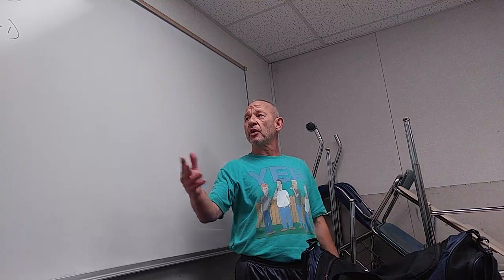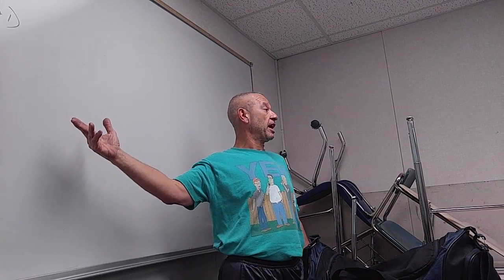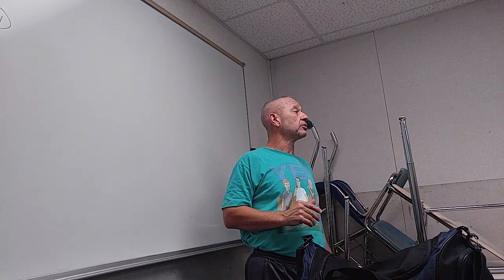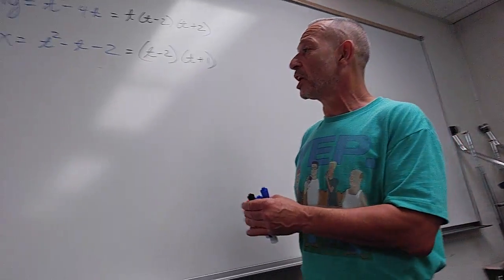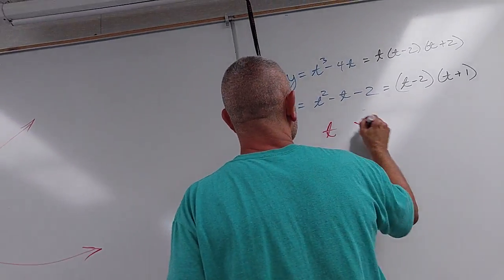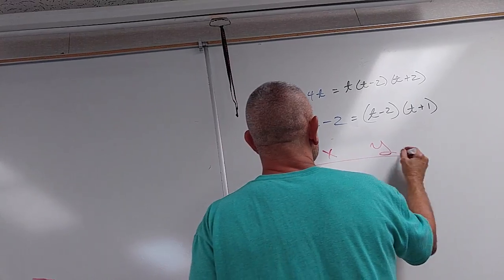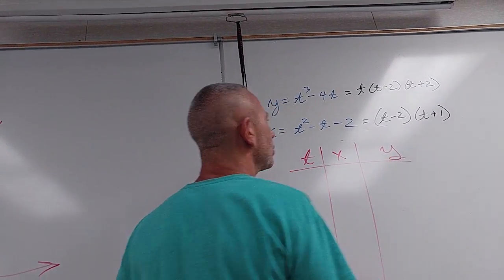I wouldn't start at t equal minus a million, because all the interesting stuff is happening between minus 2 and 2. So the t's that I would choose: a t before the first one of interest.